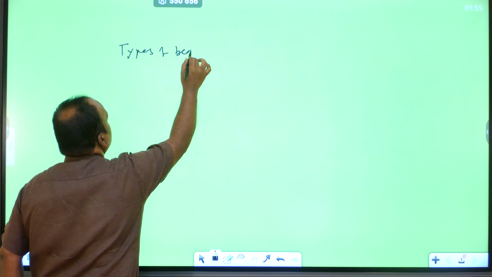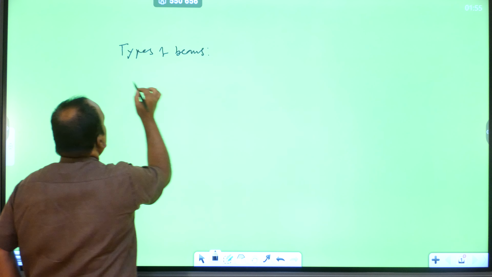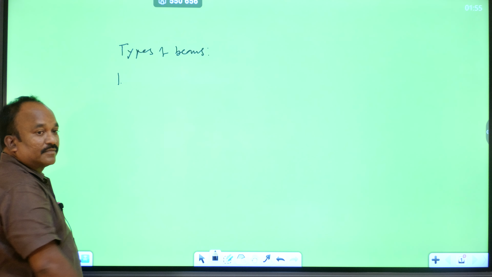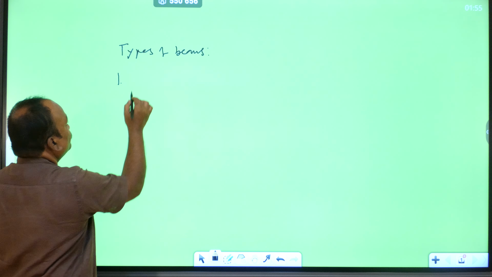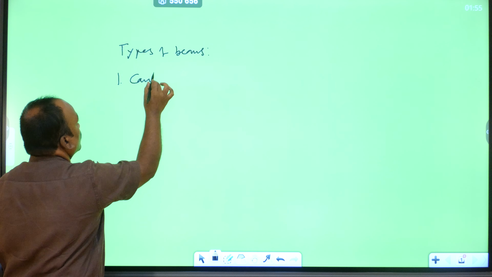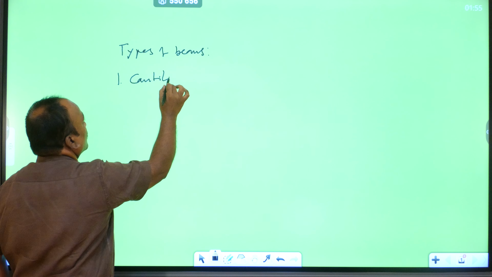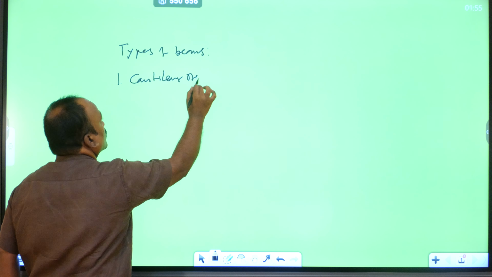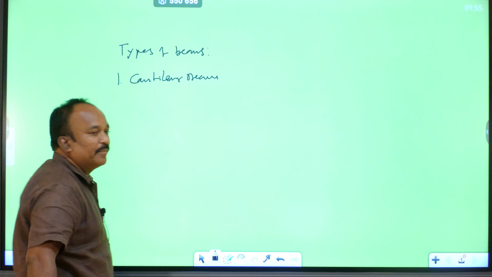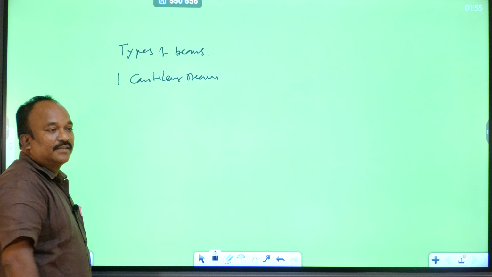Types of beams. First one, cantilever beam. Cantilever beam means one side fixed, another side is free. Side means end.